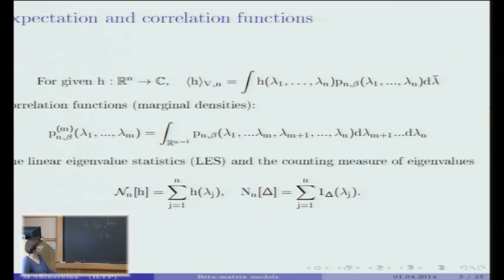A convenient notation I will use is the linear eigenvalue statistic: if you have a one-variable function h and consider the sum of h of lambda j, this is normally called a linear eigenvalue statistic. A special case is when you take as the function h the indicator of some interval. If you consider this for any interval delta, you obtain the number of points lambda j in this interval. So n of delta is the number of points in your interval.